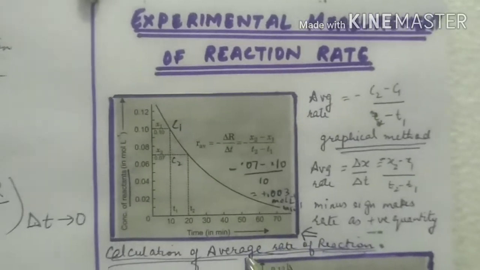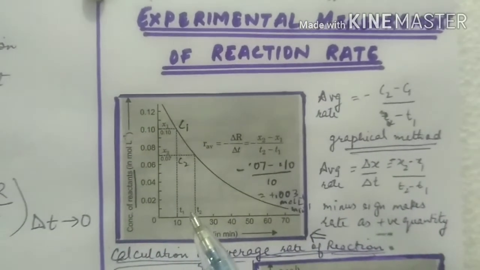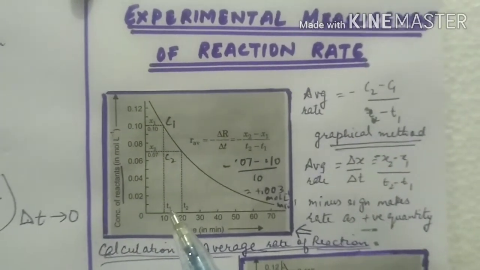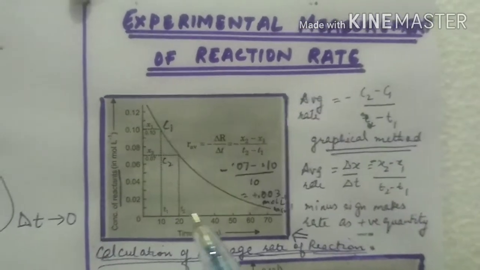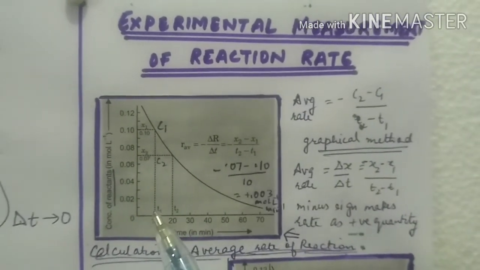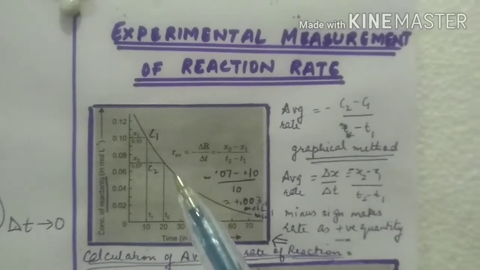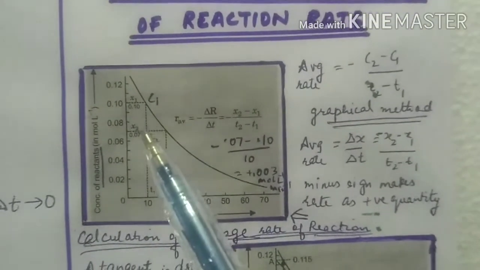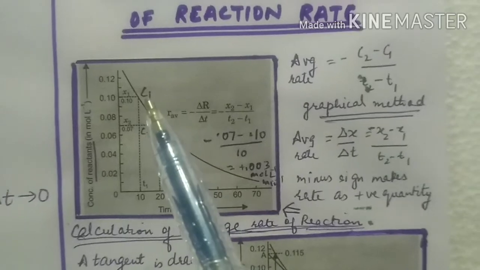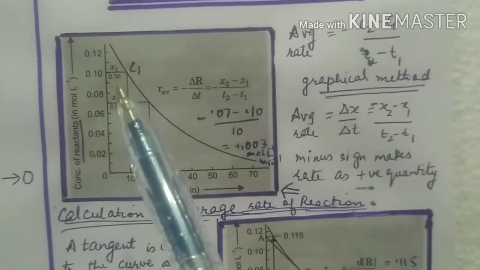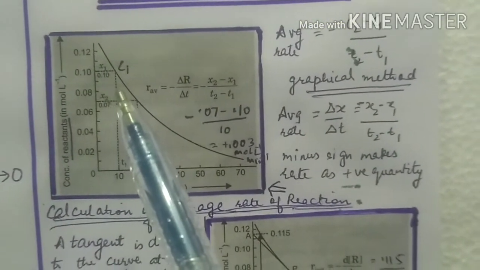To find out the average rate between, say, this time interval, this is first time period T1, this is T2, time interval will be T2 minus T1. So at T2 the concentration C2 is 0.07. At T1 the concentration C1 is 0.10.